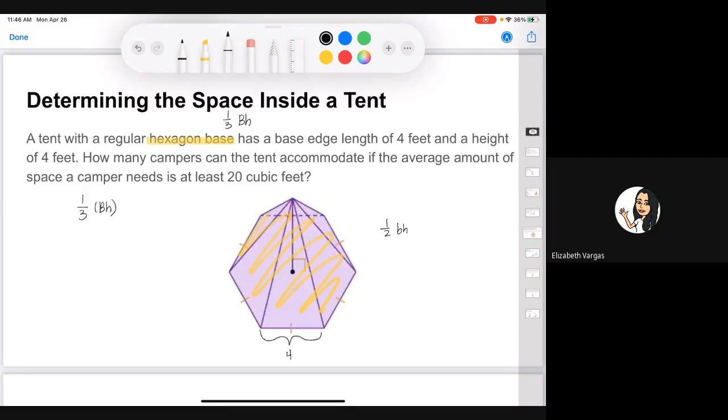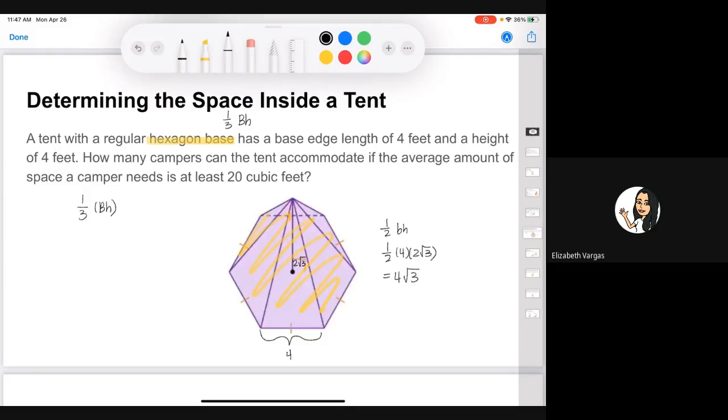This is going to be equal to 2/3. So 1/2 my base is 4, my height 2/3, and that gives me an area of 4 root 3.